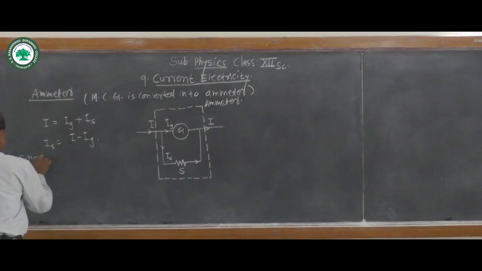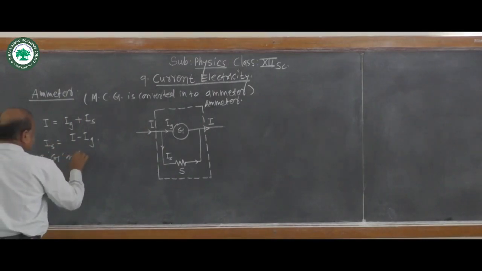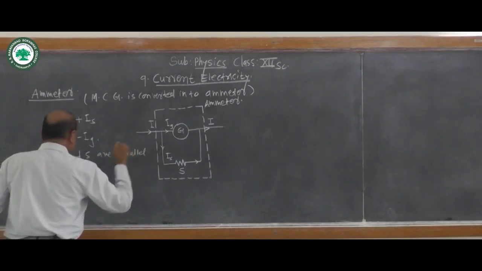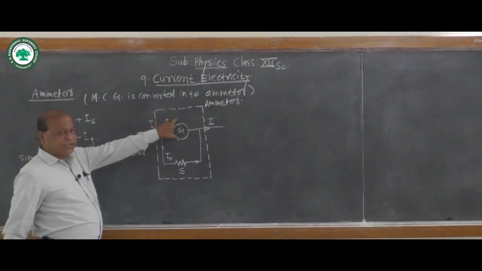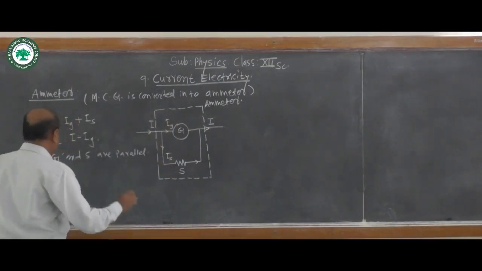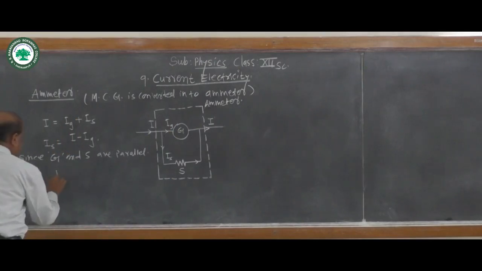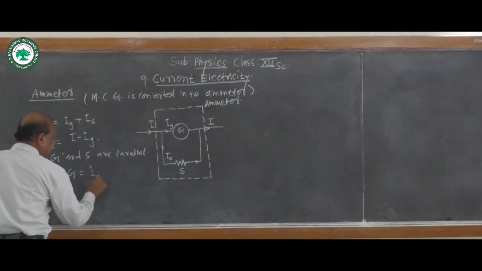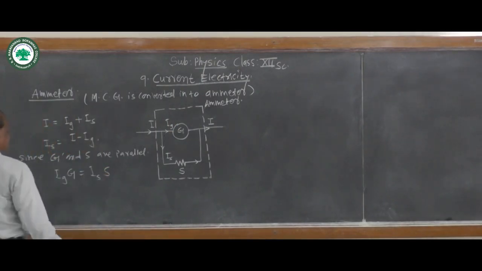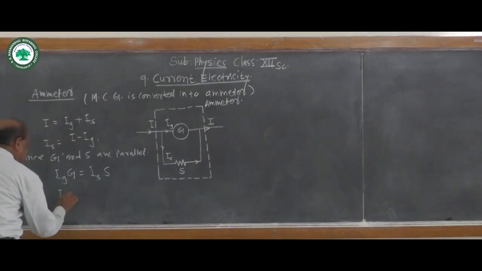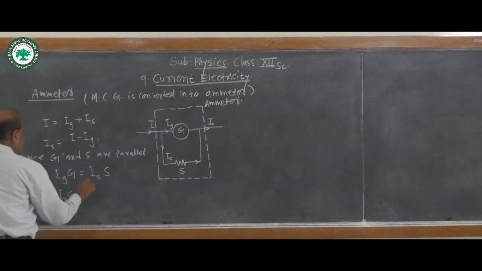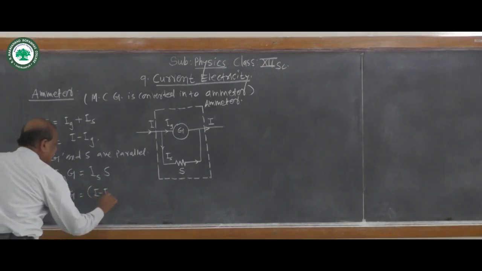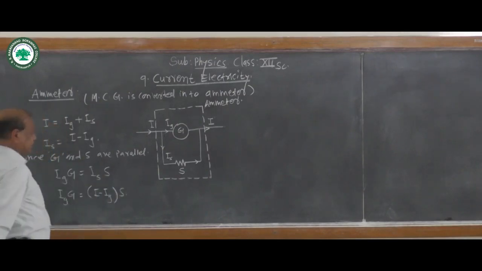Since G and S are parallel, the potential across G is equal to the potential across S, and therefore Ig times G is equal to Is times S. Now Is is I minus Ig, so Ig G equals I minus Ig into S.